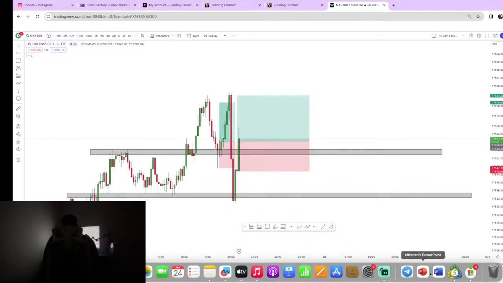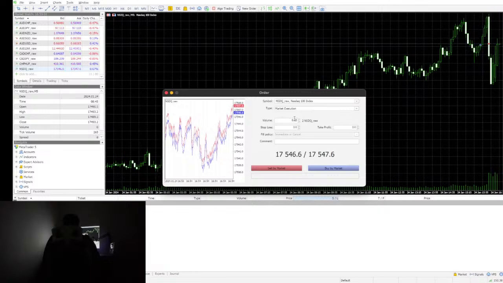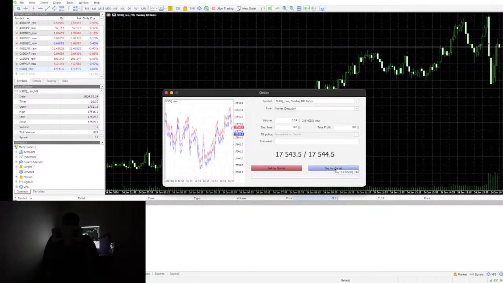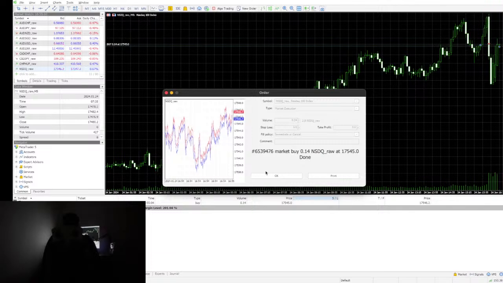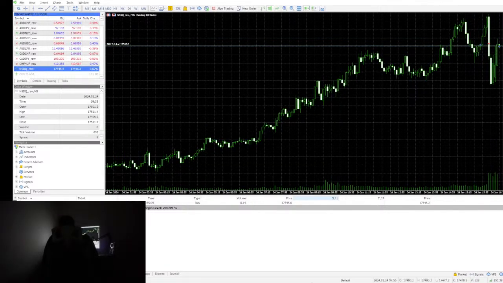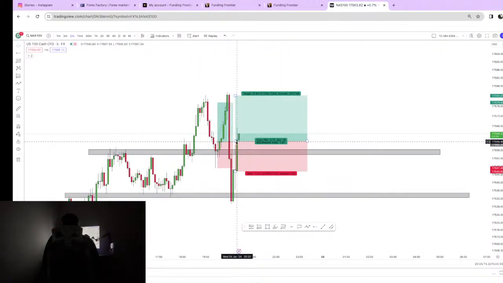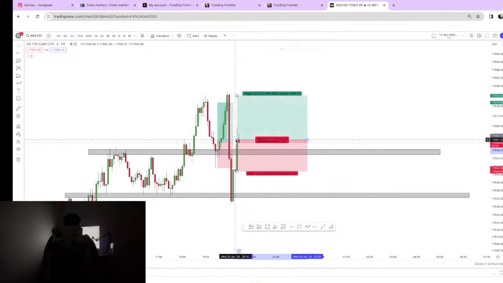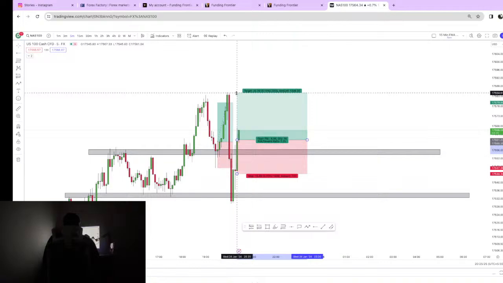Yeah, so I'll open the position with 0.14 lot size. Somewhere near here we have opened it. We'll keep the stop loss about here, and let's see.